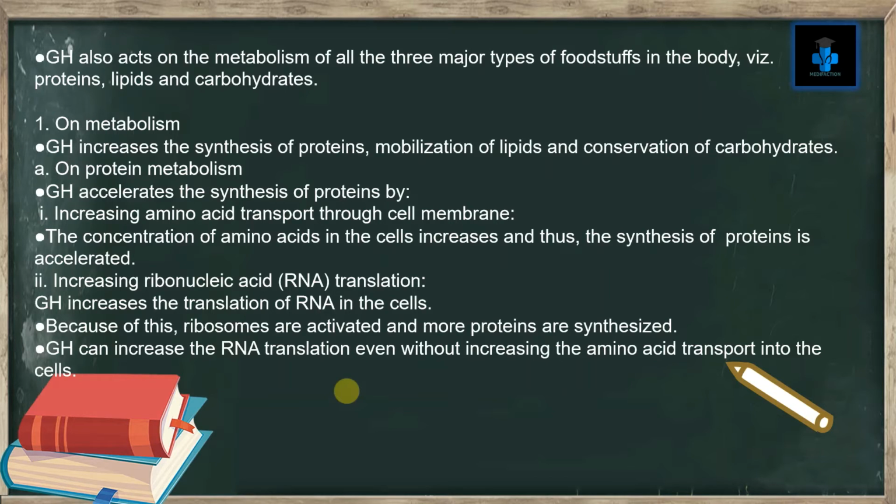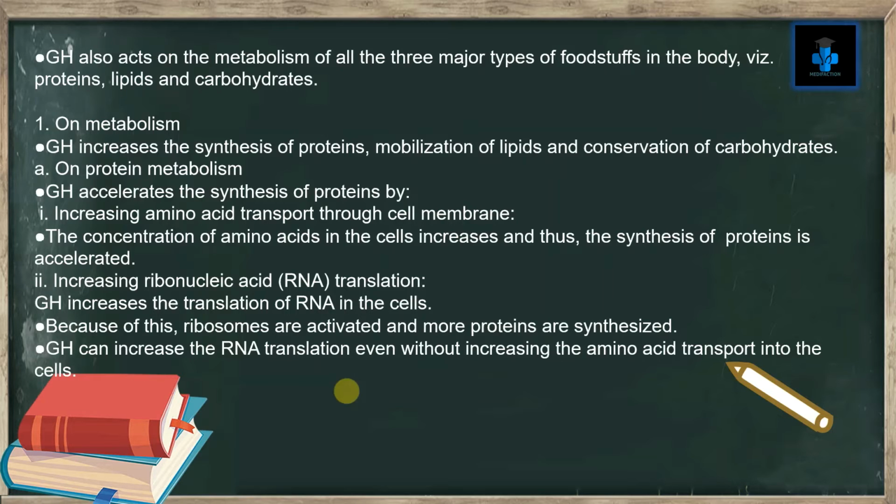On protein metabolism, growth hormone accelerates the synthesis of protein by increasing amino acid transport through the cell membrane. The concentration of amino acids in the cells increases and thus the synthesis of proteins is accelerated, increasing ribonucleic acid or RNA's translation.